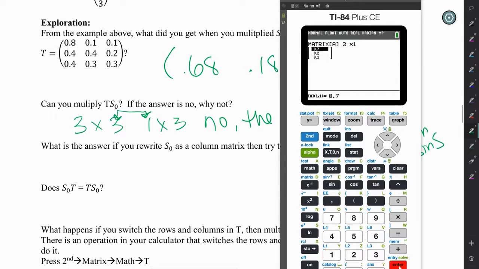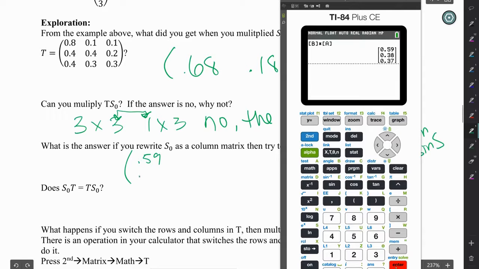Now I've got it as a column instead of a row. Now all I have to do is B times A. So if I do matrix B times matrix A, I should get the answer, right? No. We'll notice that now I have 0.59, 0.38, 0.37.